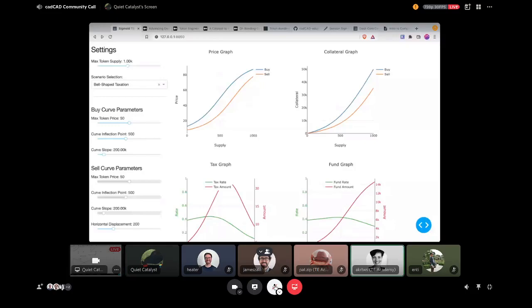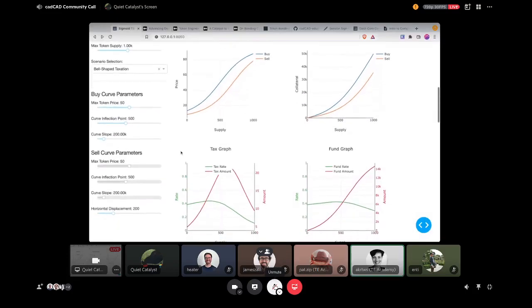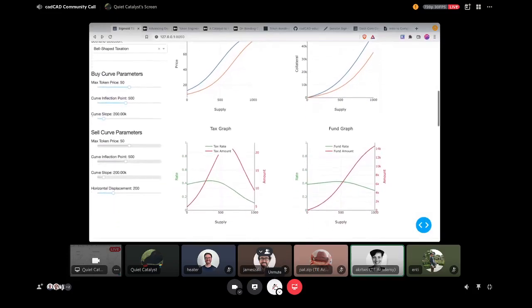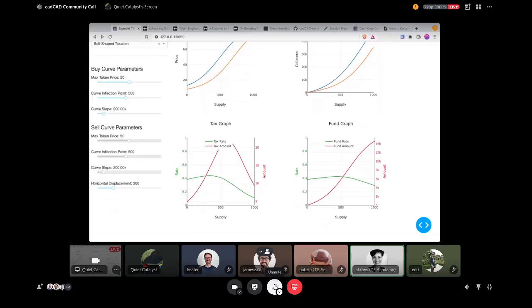Yeah. No, it's really cool. The font graph and the text graph are not 100% clear to me. Maybe I missed something. On one hand, you have the absolute amount in terms of tokens, the red. So looking at the tax graph, the absolute amount is in currency. Okay. So this is in price.